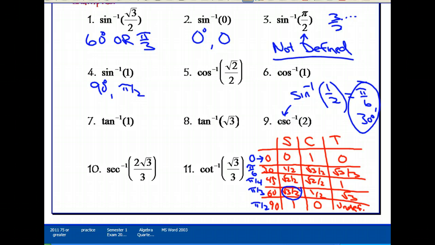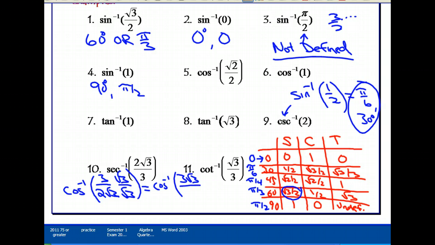Secant inverse is like a cosine inverse, the reciprocal. So I've got the cosine inverse. I take the reciprocal. I rationalize it. And I'm going to get the cosine inverse. I get 3 root 3. And the bottom I get 2 times 3.